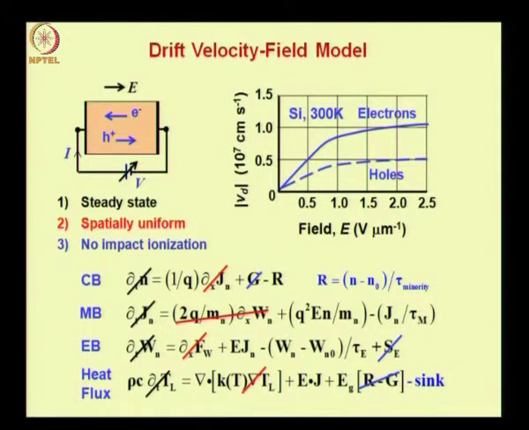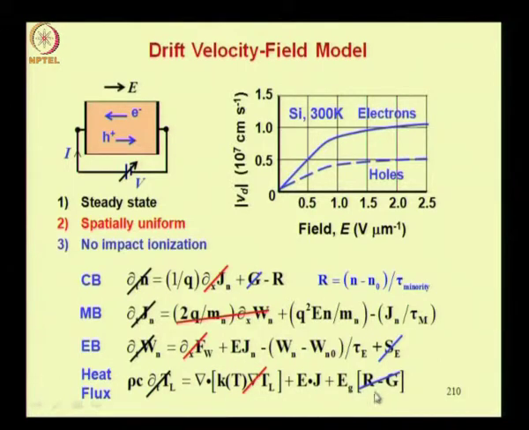Now you see there is a problem, we have to introduce a sink term here, otherwise the heat flux equation becomes inconsistent. Why? Suppose we do not have the sink term. Because of steady state condition this term is 0, the time derivative is 0. Because of uniform conditions, that is what we have claimed, the spatial derivative is 0.